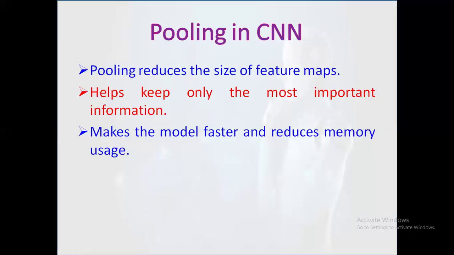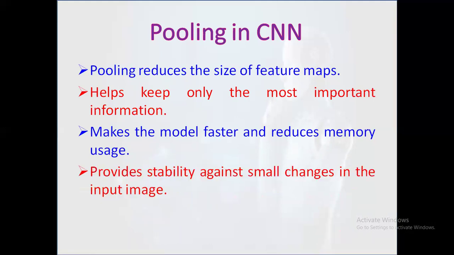After convolution extracts features such as edges, textures, and shapes, pooling summarizes these features so that the network does not become overly sensitive to exact pixel positions. By reducing the width and height of the feature maps, pooling decreases computational cost, preserves key patterns, and makes the network more robust to small shifts, that means small changes, or distortions in the input image.